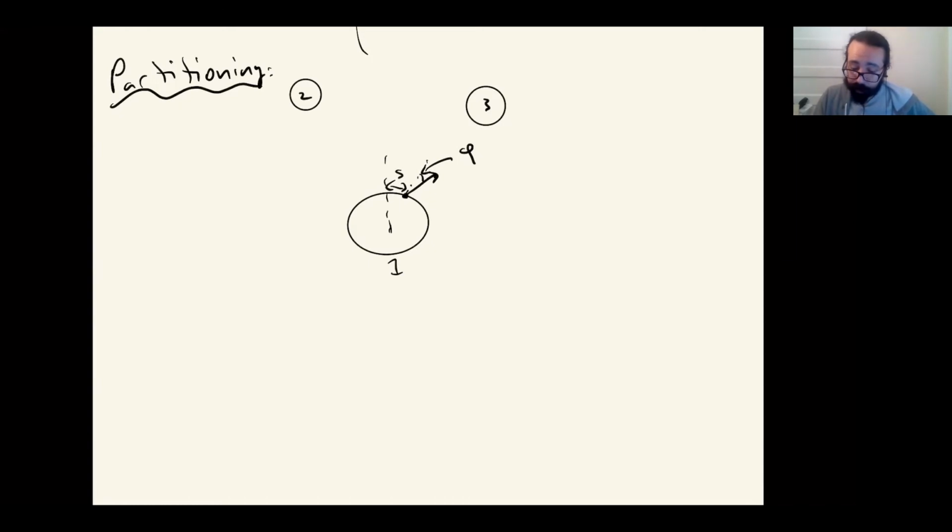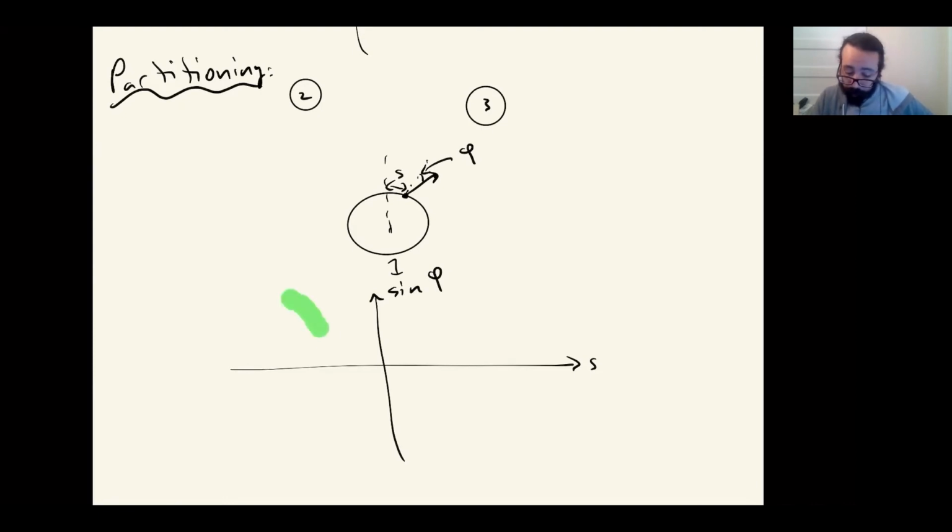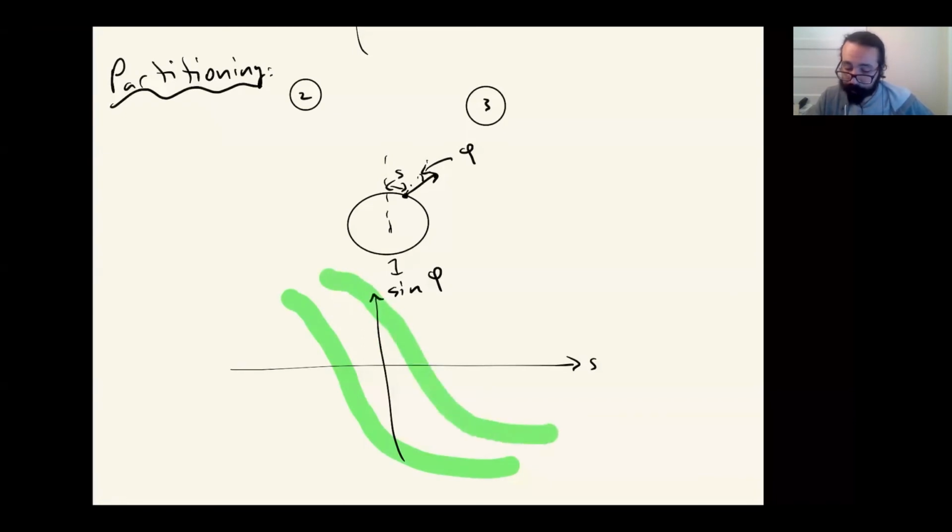So in terms of the arc length and the angle in which you're shot out, there are different regions where you hit. This is not drawn well, but something like this.